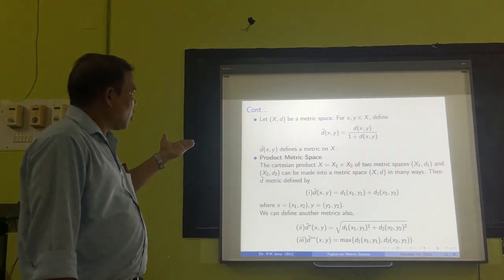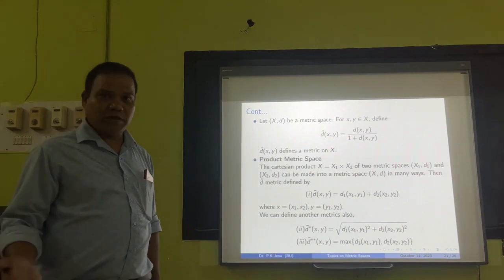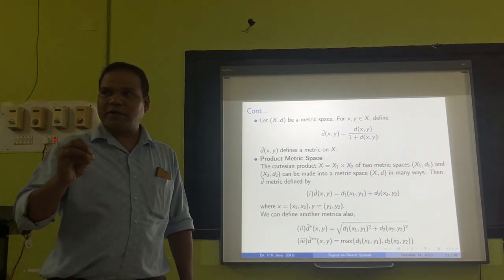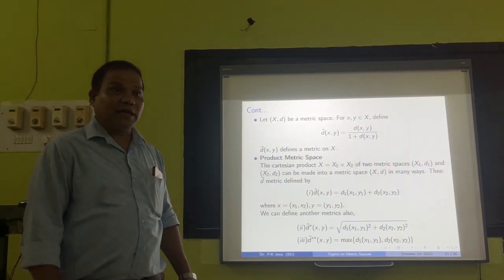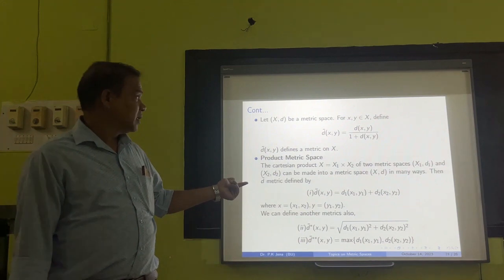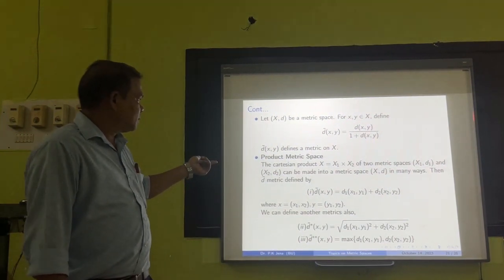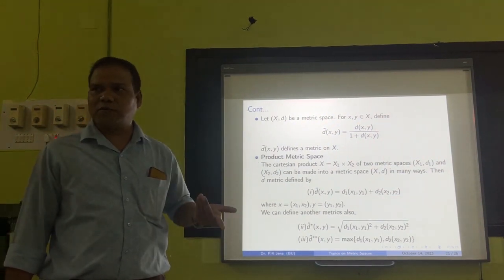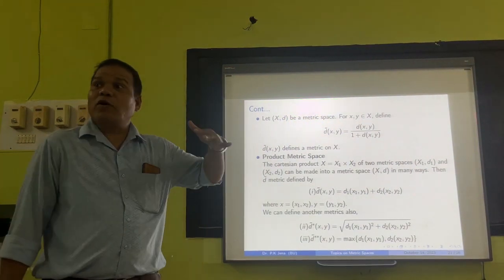Here, the product metric space. Slowly we are going to the depth of the concept. Now we are considering X as any non-empty set. If we take X as the product of 2 sets, X1 and X2 being 2 non-empty sets, the Cartesian product of 2 sets, then how to define a metric on the Cartesian product of 2 sets?